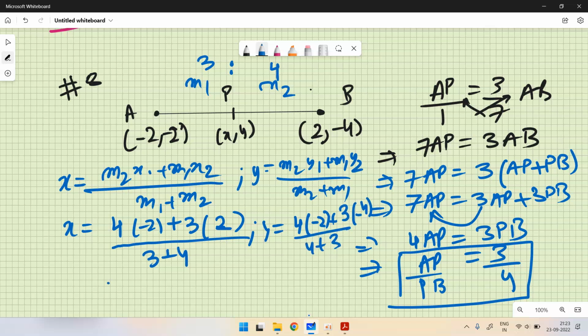So this is (-8 - 12) / 7, and y equals -20/7.